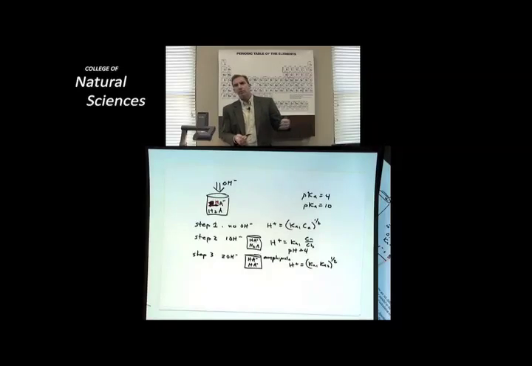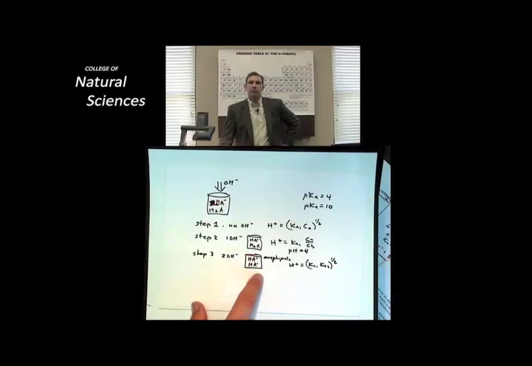I showed you the strong case. I showed you the weak case. I showed you the buffer case. Now I'm showing you, finally, the fourth case, the amphiprotic case, the one that arises when you're doing polyprotic acids and you have something which is a switch hitter that can add protons, that can lose protons.